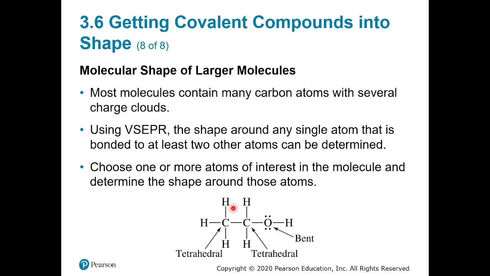We go over here, and again, we just have 4 bonding domains, don't we? And so that's tetrahedral again. We go over here, and we have 4 electron domains. 2 of them are bonding, right? And so this would be electron geometry of tetrahedral, molecular geometry of bent.